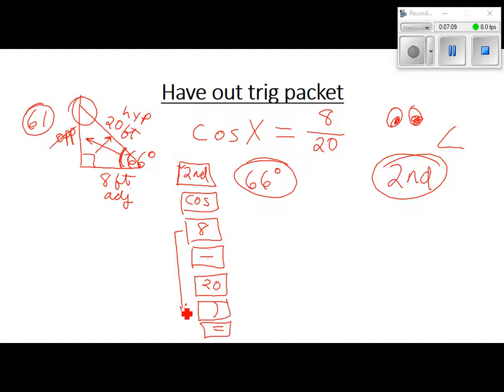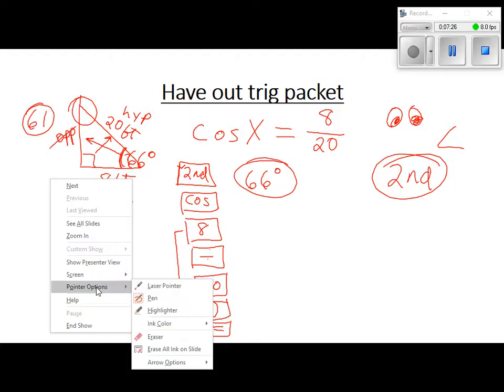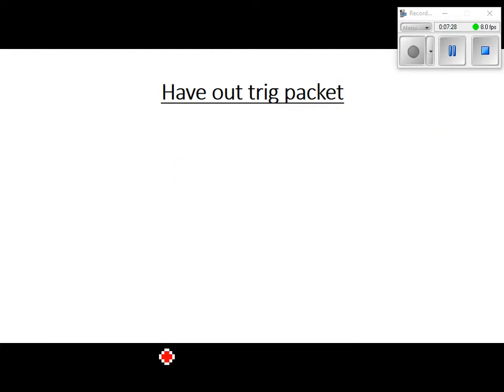Did everybody get 66? Because if you didn't get 66, then maybe your calculator's set wrong, and I need to fix it. It's not in degrees, or it's not in the correct units. Next question. 62.